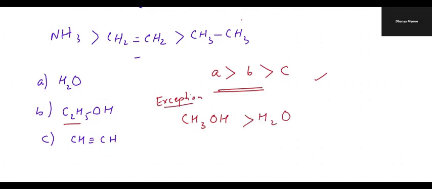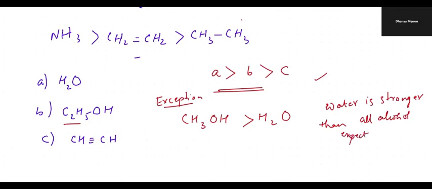So water is stronger or more acidic than all alcohols except methyl alcohol. So this exception you have to note down. I hope I'm clear. So this order also you have to keep in your mind.